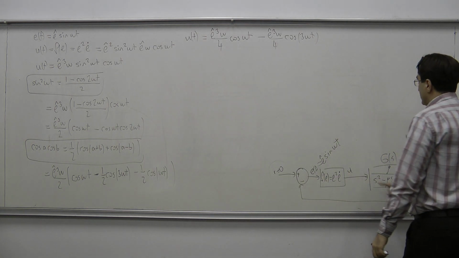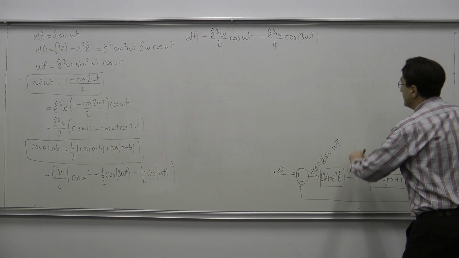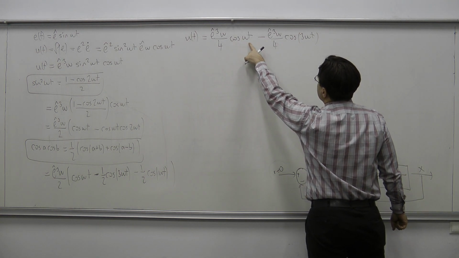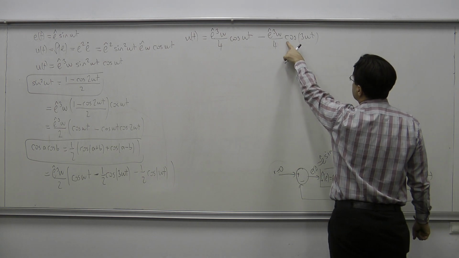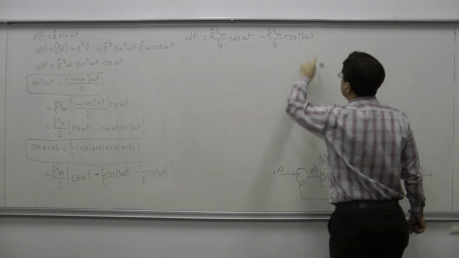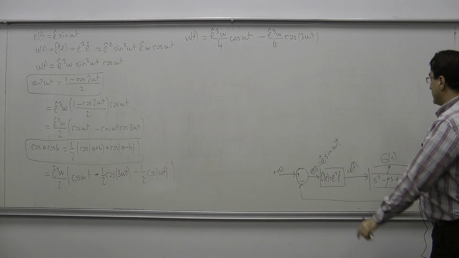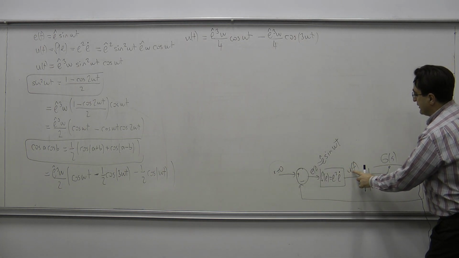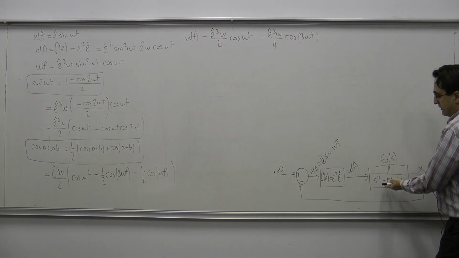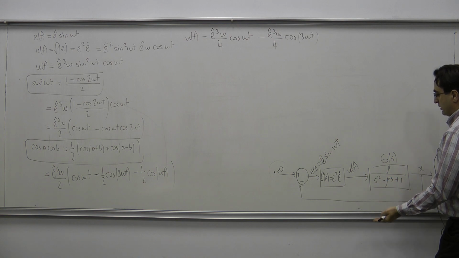So this u of t signal here contains a component at cosine omega t, and it's also containing another component with 3 times larger frequency. So that means that this u of t, when it passes through this linear system, which has low pass characteristics, how do I know?